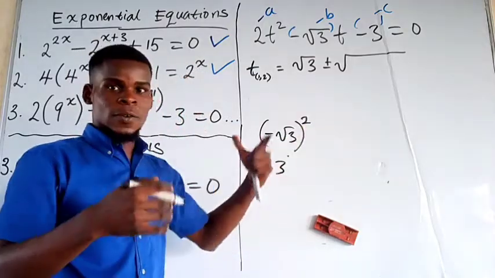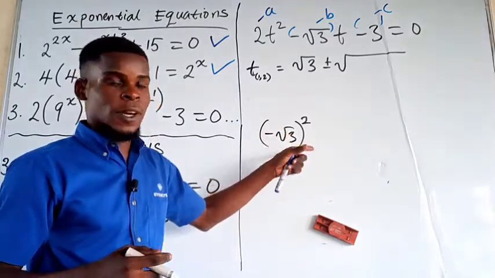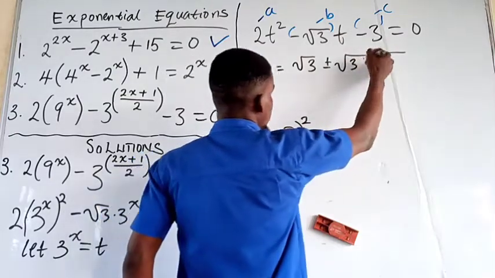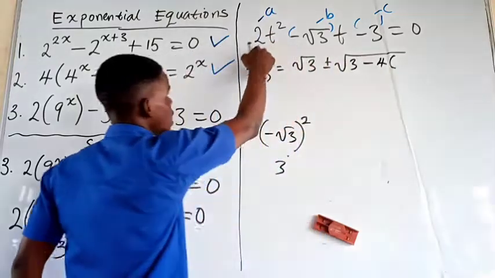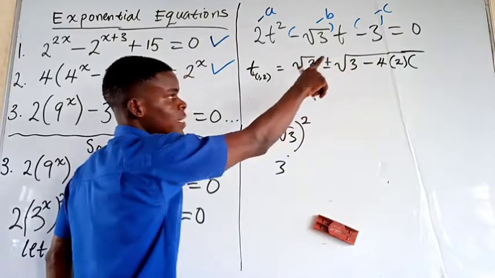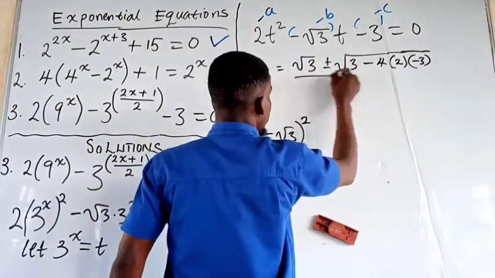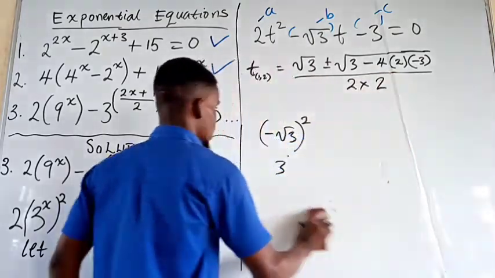Because the square and square root cancel there, because this number is a positive number. So we are just left with 3. Then b squared minus 4 times a. So 4 times a here is 2, times c here is negative 3. So you take note of that, right? Divided by 2a. So 2 times a is 2. Alright? Okay, great.